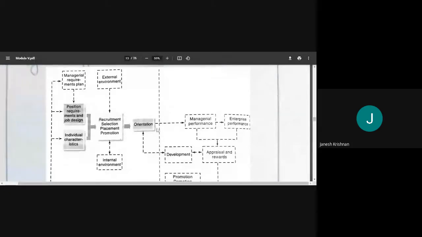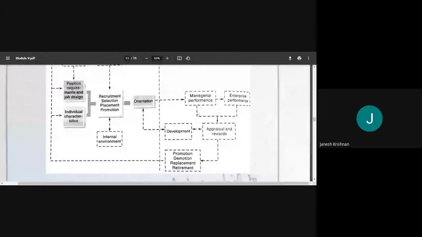Once he has been oriented, we will assess the developed performance. How does he perform? The managerial performance will be assessed, and if he performs well, the organization will also perform very well. So managerial performance will lead to enterprise performance, company performance, or organization performance.